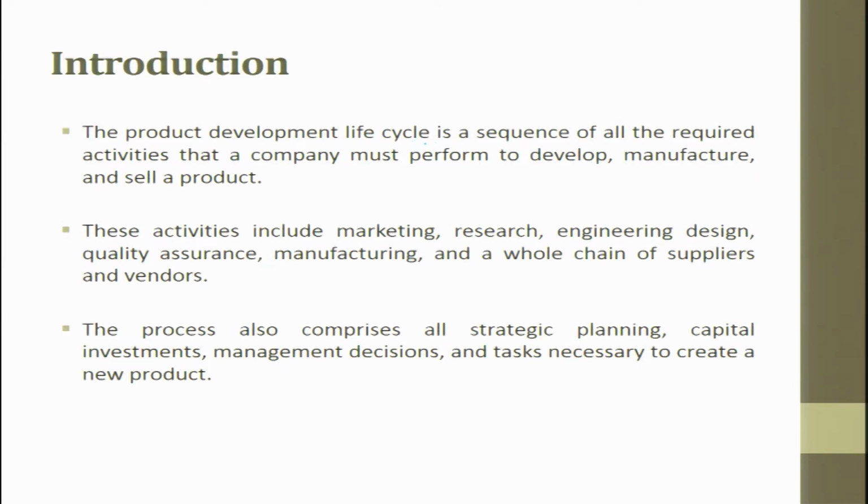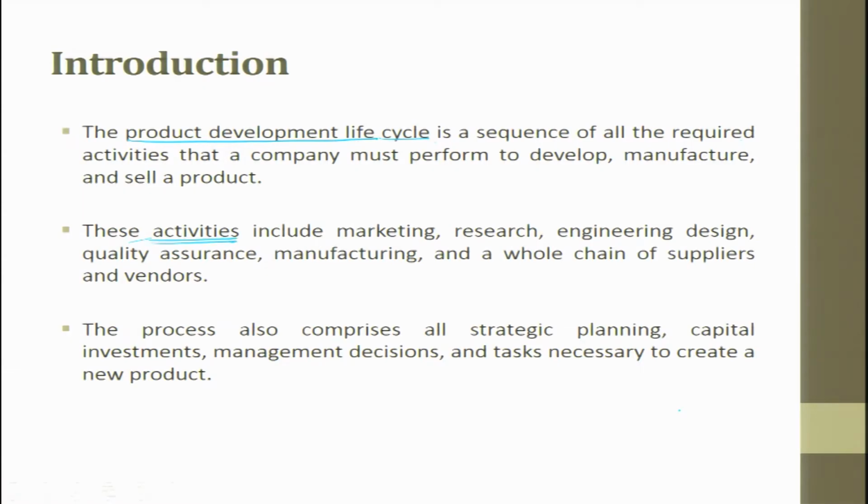So the product life cycle is a sequence of all the required activities that a company must perform to develop, manufacture and sell a product. So this is the definition for product life cycle. These activities can include marketing, research, engineering design, quality assurance, manufacturing and a whole chain of supplier and vendor.